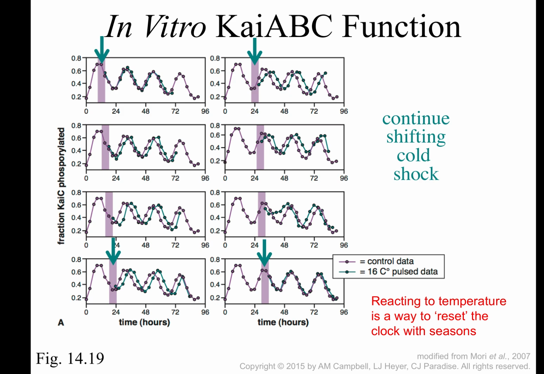And it's not exactly 24 hours. So if you look at the trough in each one of these peaks, this is right about 24 hours. This is not quite 24 hours after that. And this is not quite 24 hours after that. So it's sort of like you got a watch that is losing a little bit of time every day.